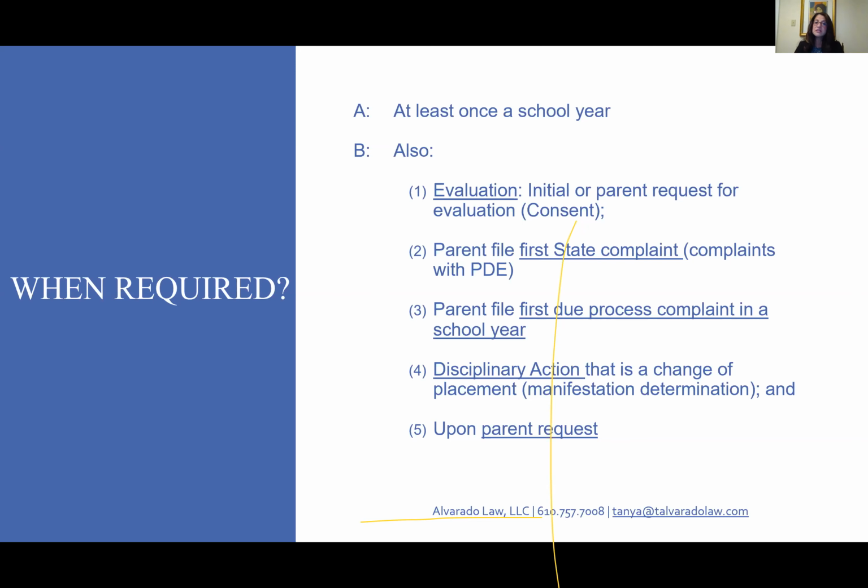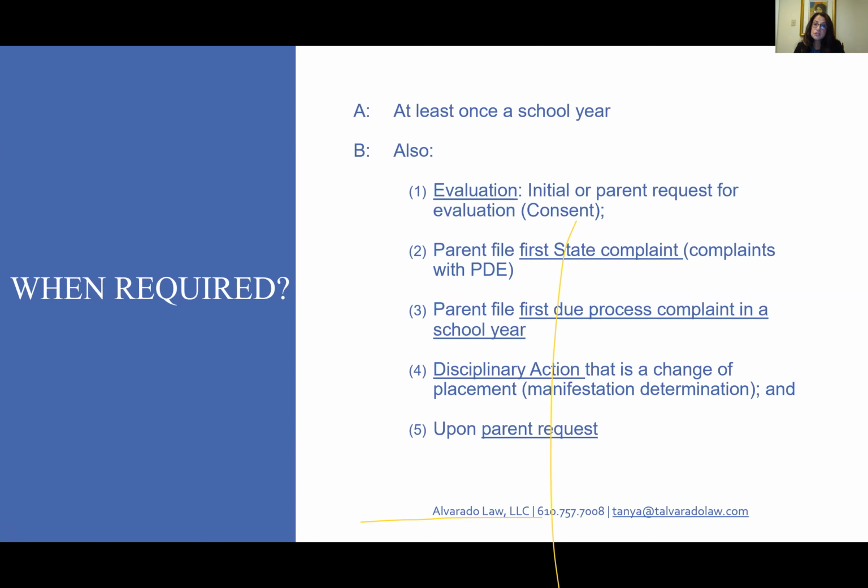You're required to get them during certain key points in which you're interacting with the school district. So you have to get them at least once a year. You also get them at the initial parental request for an evaluation and consent for special education services. If you file a first state complaint, we're going to go through that a little bit later, you're supposed to get the procedural safeguards then.